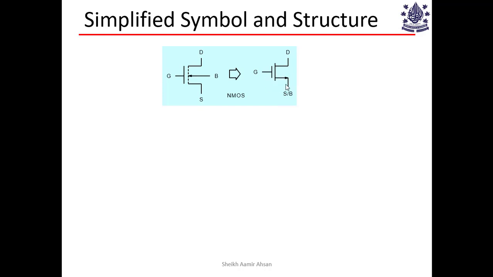And notice this arrow. This arrow here goes from the gate to the source in case of an NMOSFET. In case of a PMOSFET, it will be the other way. Again, the logic, what I understand is why it has been drawn this way is as follows. By definition, a source is nothing but literally the source of carriers. So in an NMOSFET, the source would basically supply the electrons.